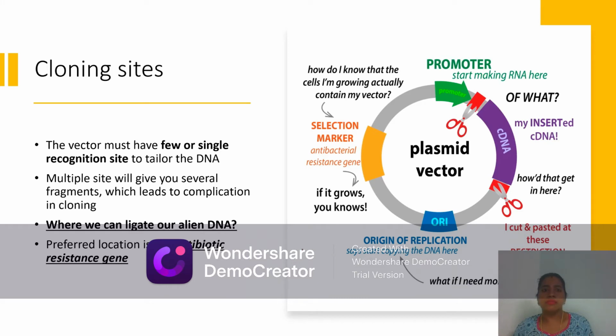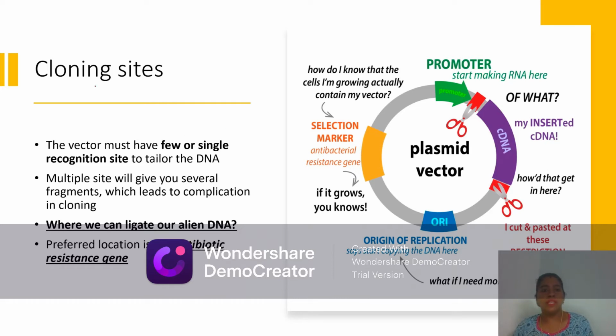Fine. Now we'll see the third one: cloning sites. Of course, you want to clone into your vector, so your vector should have a space where you can keep your gene. You can see here the scissors. Here we are going to cut it and insert the DNA which we want to multiply.